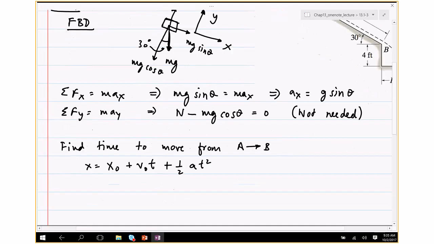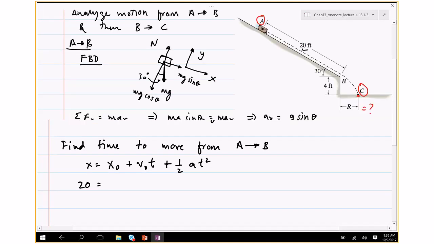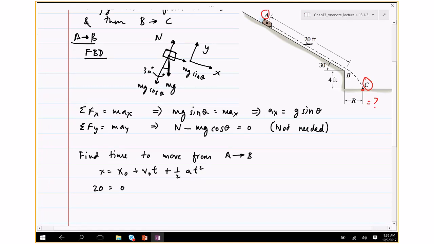So x is 20, right? It's 20 because given here, the initial position, let's assume that to be 0. v0, the initial velocity, is 0, plus half a, where a is g sine theta, t square. So 20 equals half. Okay, I need the gravity in feet per second square.